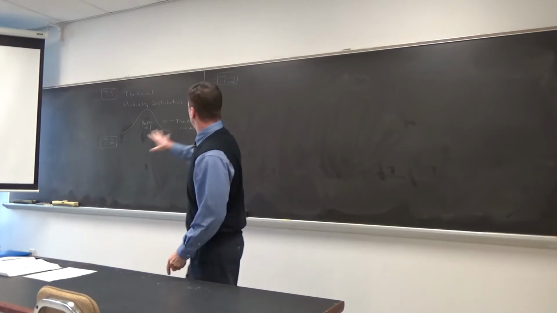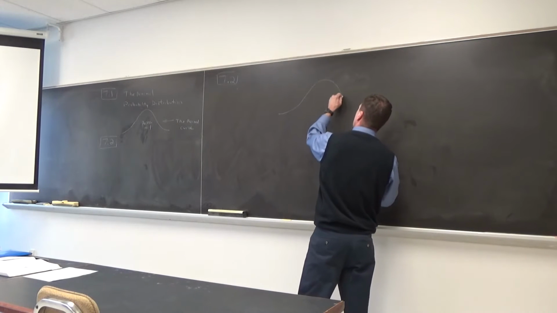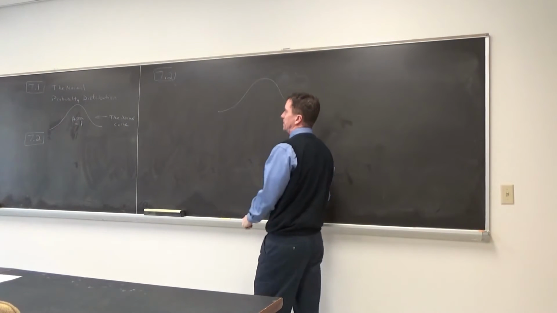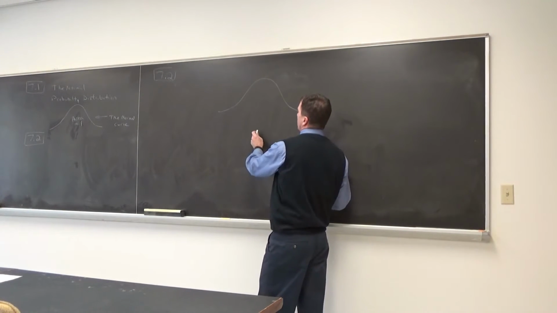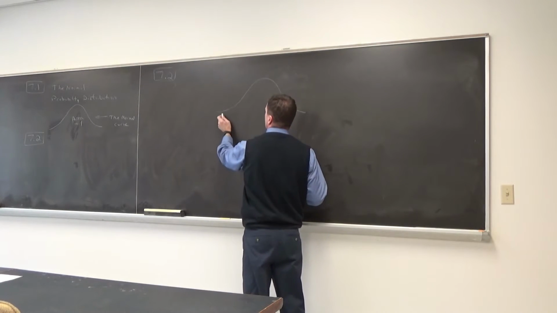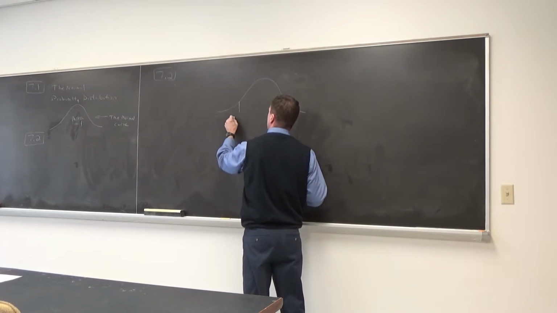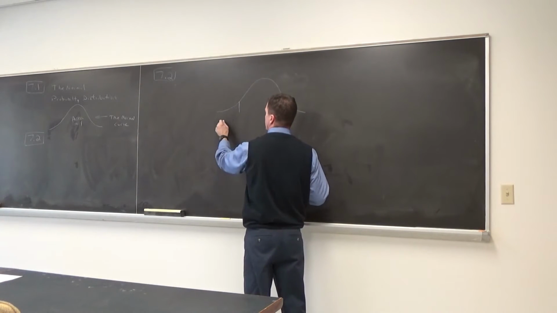So I'm going to draw some bell-shaped curves on the board. You don't have to be perfect as a bell. I'm just going to shade a certain portion, from here to here. I'm going to give the z-score here.